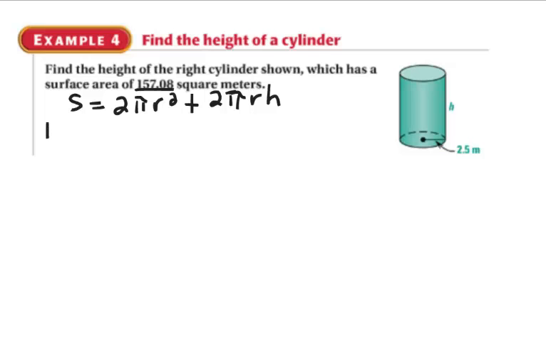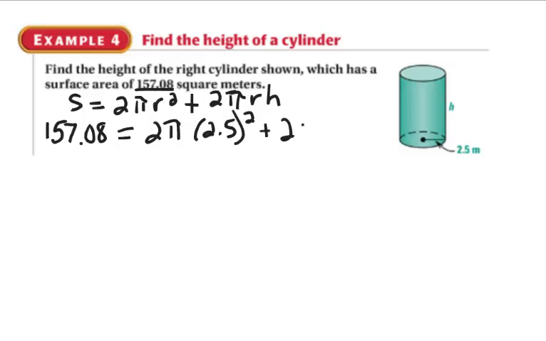Surface area is 157.08, so write it in for S. That's the surface area. 2 pi, and I have a radius, which is 2.5 squared, plus 2 pi times 2.5 times the height. And there's what we need to solve for.